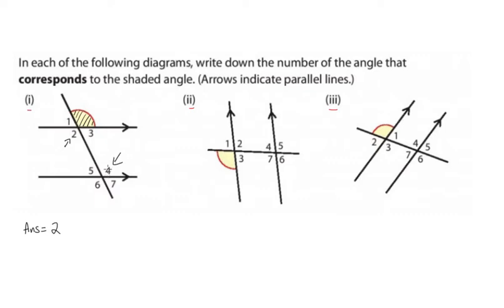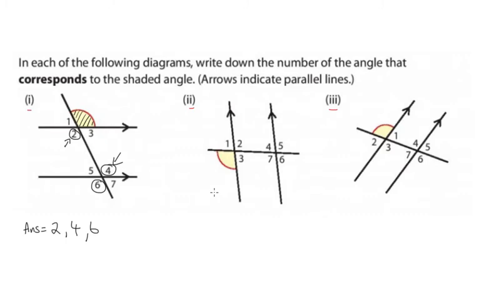So 4 is the same as the shaded angle. So it's 2 and 4. And if 4 is equal to this, 4 must also be equal to 6. So we have the shaded angle, and this is equal to the shaded angle, and so is this.